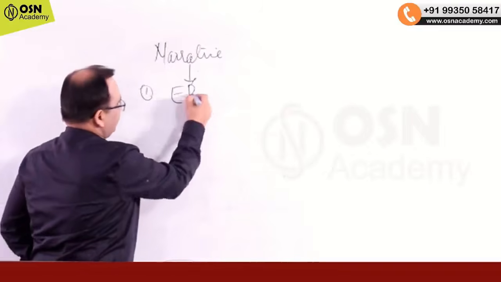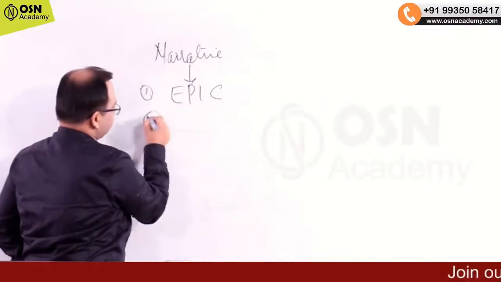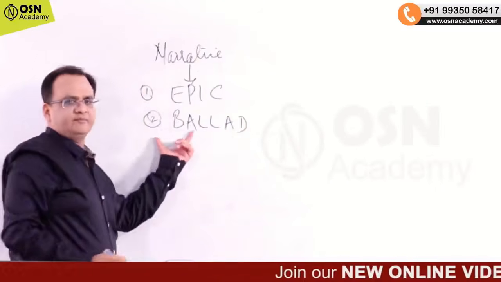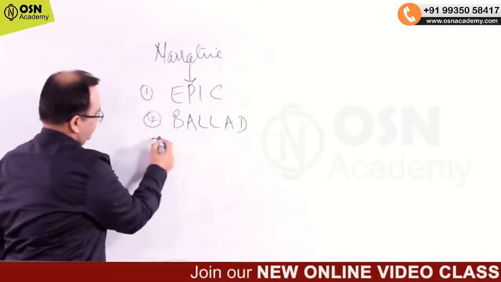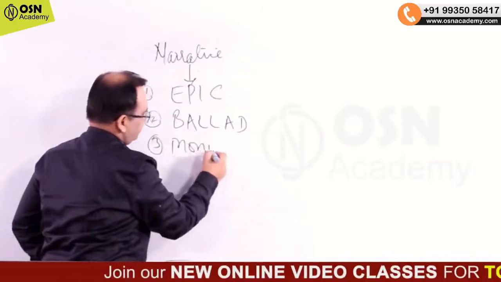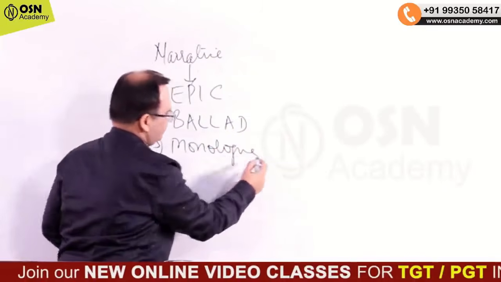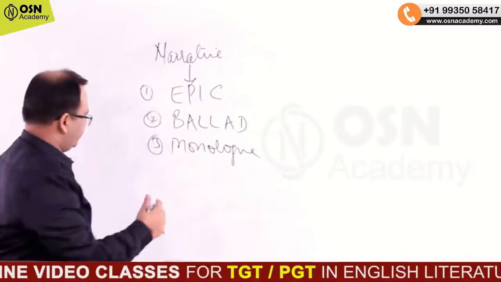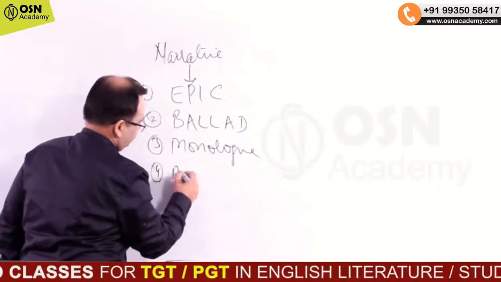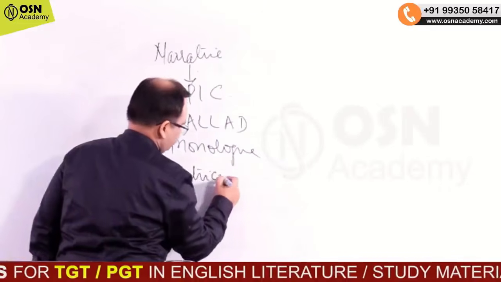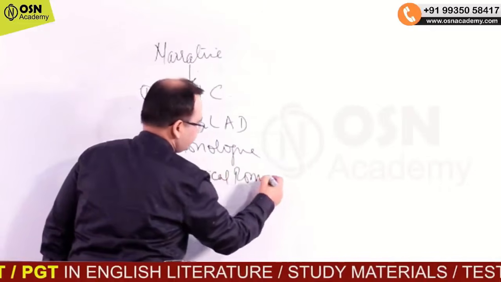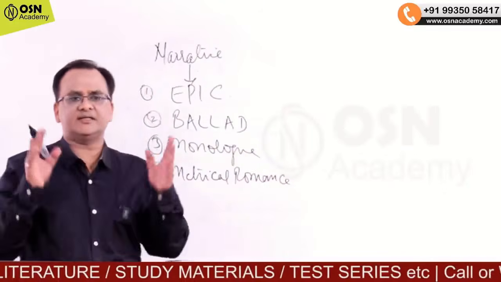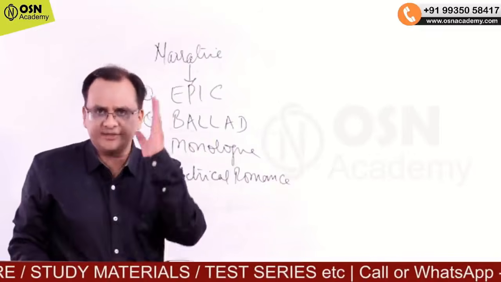The first is the epic, the second is the ballad, the third is the monologue, you can write it down, and the fourth is the metrical romance. So these are the four kinds of poetry under the section of narrative poetry.